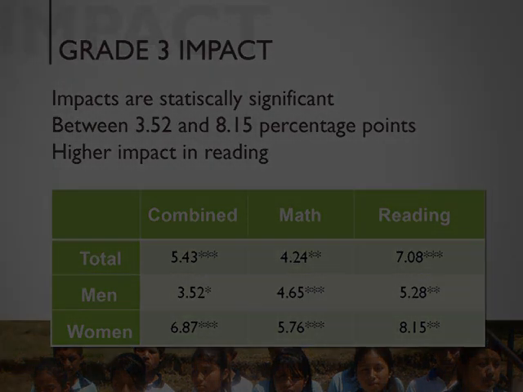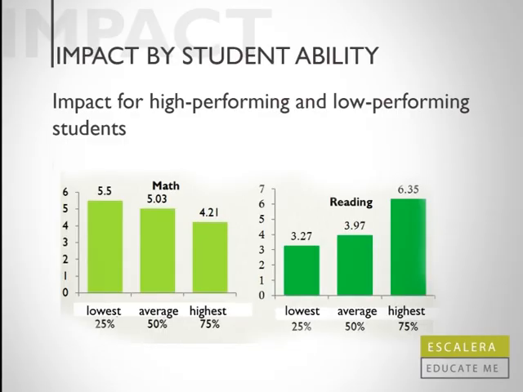Lastly, we'll also be talking a little bit about the impact by student ability. So there are always going to be differences within the class for high performers and low performers, and a lot of previous studies have found that incentive programs that give incentives to high performers only actually only have an impact on students who already have high scores.